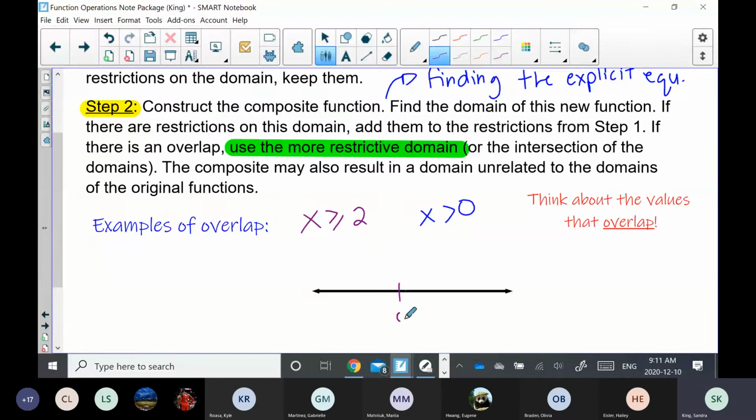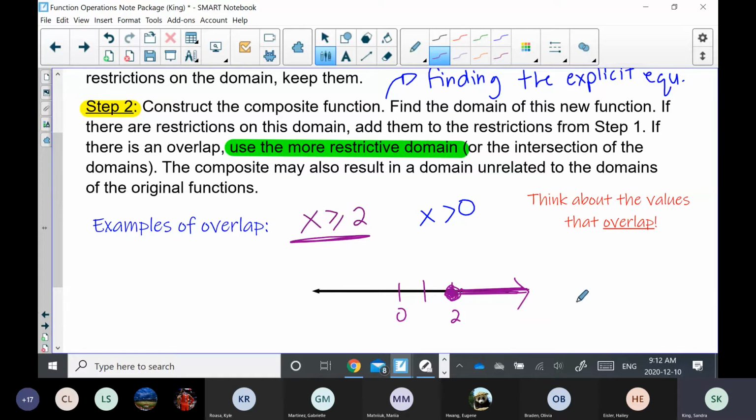X is greater than or equal to 2. So if I put 0 here, 1, 2, what this domain would look like is at 2, it could be 2, so I'd color in this circle. And then it's saying the domain is any value greater than 2.